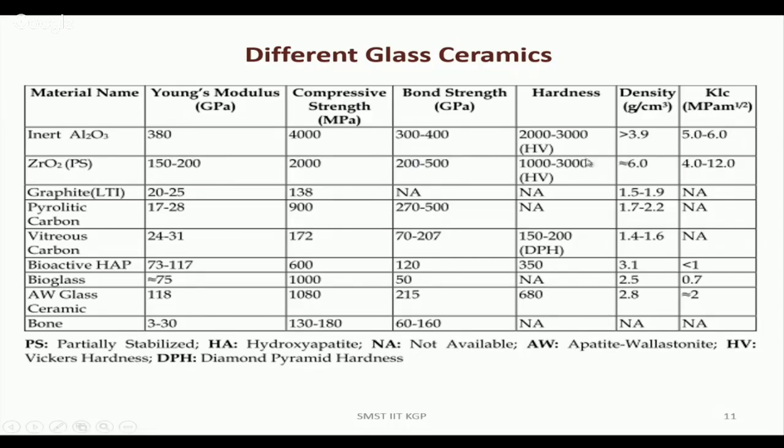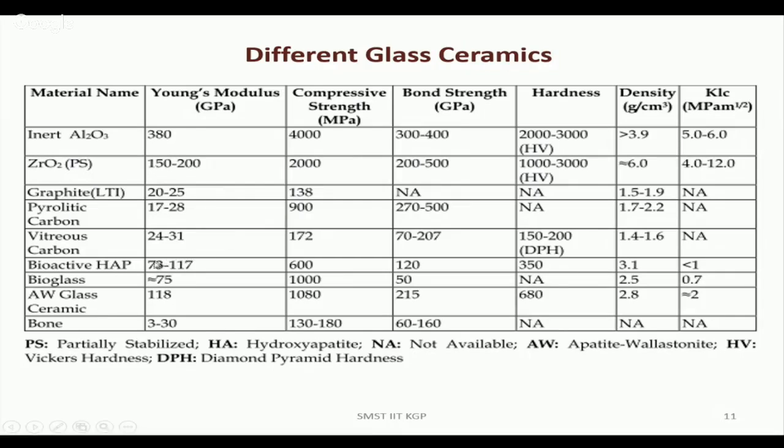And hardness, if you see, the hardness of alumina is 2000 to 3000 Vickers hardness value, and zirconia has 1000 to 3000 hardness value. Whereas graphite has much lower Young's modulus and compressive strength.